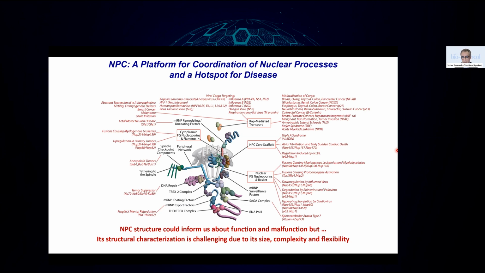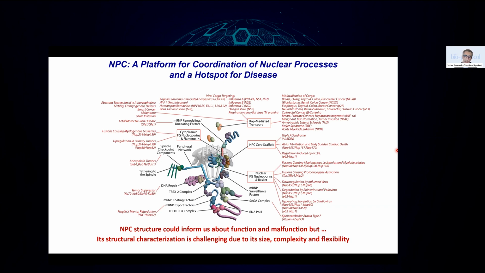However, the structural characterization of the NPC has been traditionally very challenging because it's a huge complex, very large, very complex, formed by many different components. And also nearly 1/3 of its components are predicted to be disordered or intrinsically disordered.